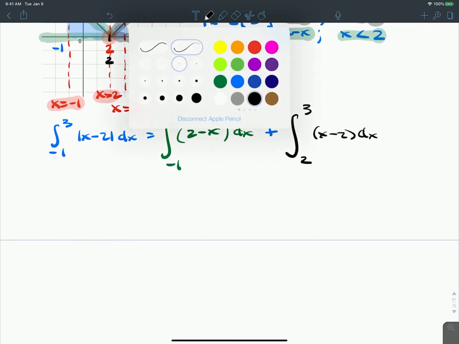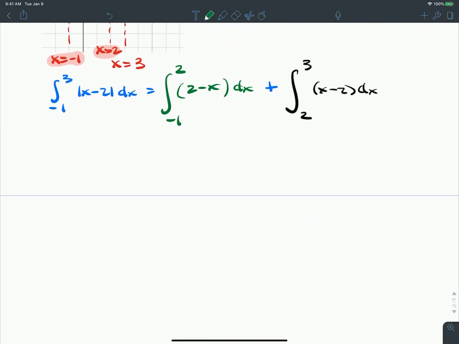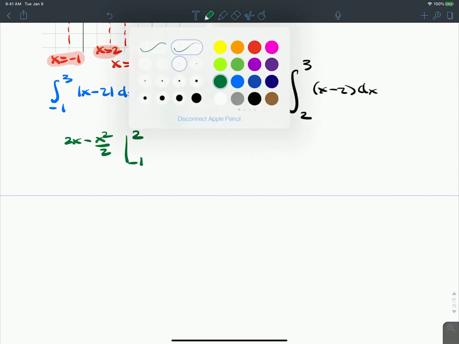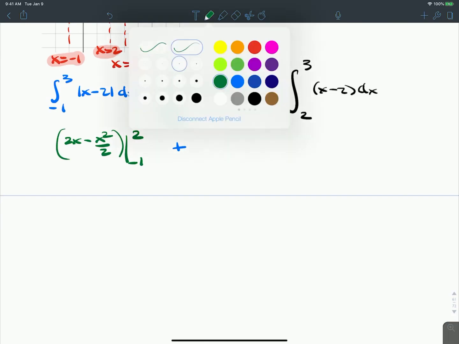So let's do this work in green here since we have 2 to do. The antiderivative of 2 minus x is 2x minus x squared over 2. That's from negative 1 to 2. Plus, let's write it that way.